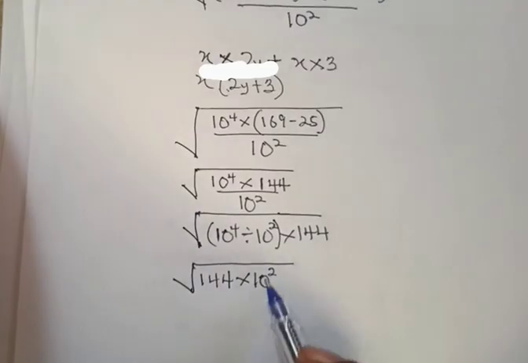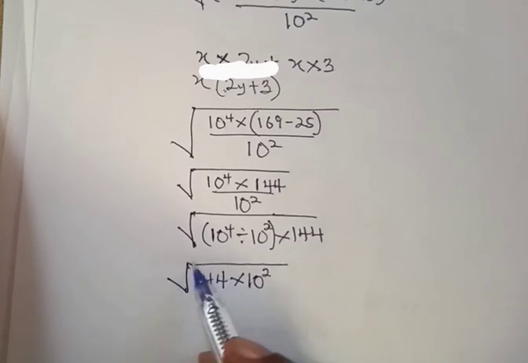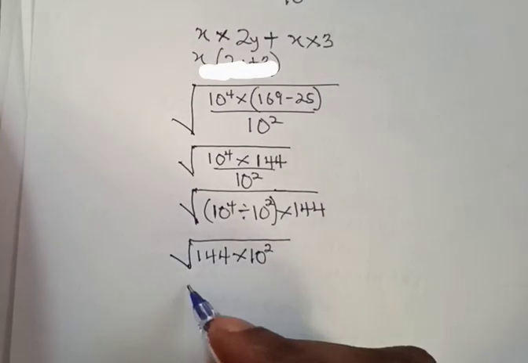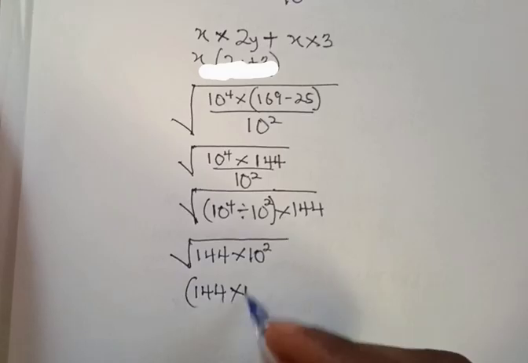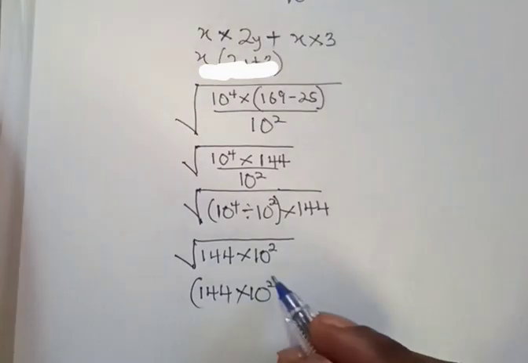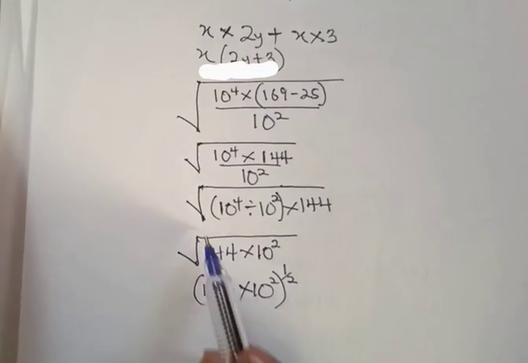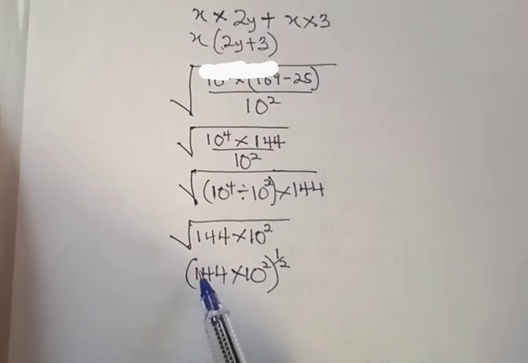Great. Now, once we get here, we are going to deal with the radical symbol, the square root. So note that I can write this as this exponent half. That is the radical form. Have you gotten the point? Great.